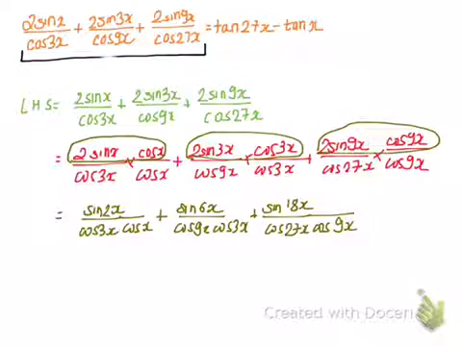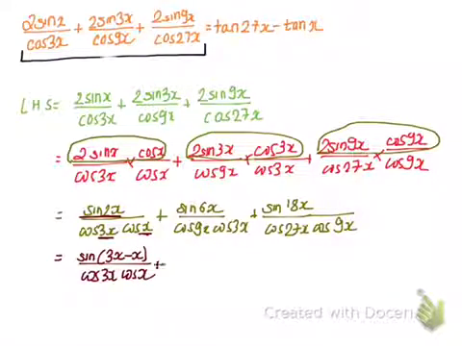Now we can write this sine 2x in terms of 3x and x. So sine 2x is equal to sine of 3x minus x divided by cos 3x dot cos x, plus here sine 6x we can write in terms of 9x and 3x as sine 9x minus 3x, which is sine 6x, and the denominator part I'll write it as it is.